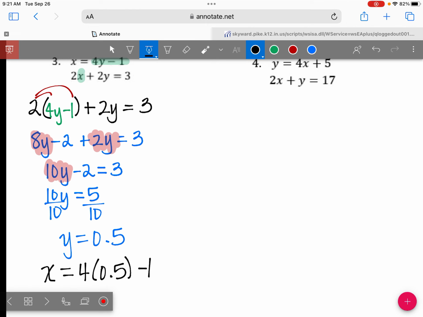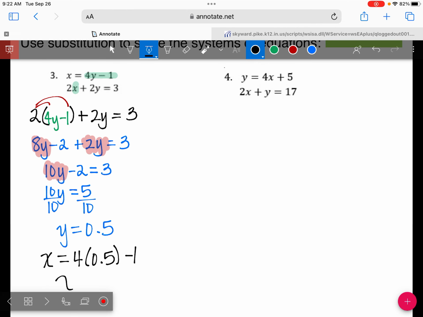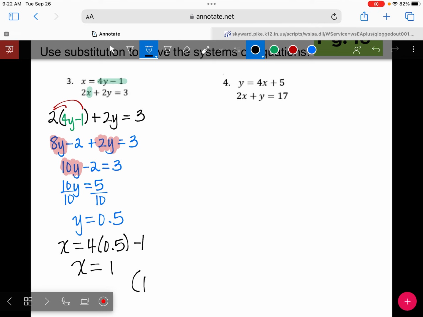So I know half of 4 is 2. And 2 minus 1 is positive 1. So you should get x equals positive 1. Who got x equals positive 1? I think I looked at somebody. Somebody had a negative 2. I can't remember who. And that would be your solution.